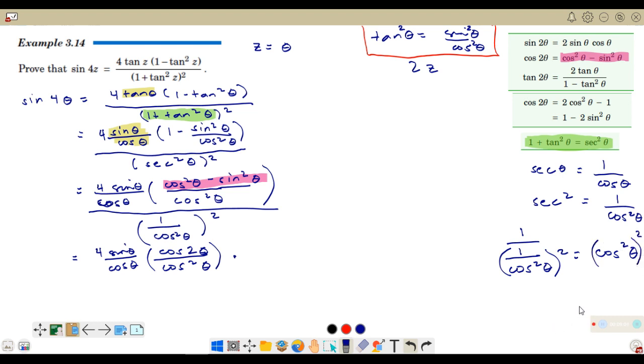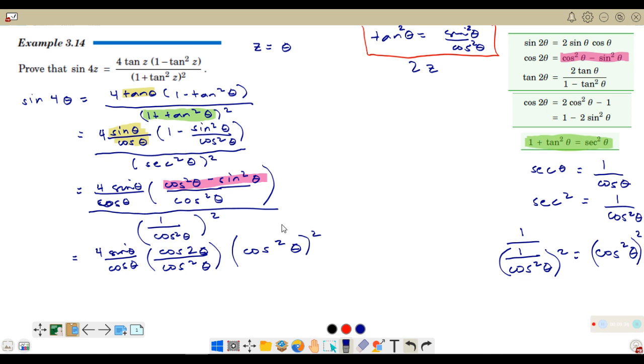So, this is going to be times cosine squared theta na lang, squared, instead of this one. Yan, napasimple na natin siya. Ayusin ko lang yung parenthesis natin dito.